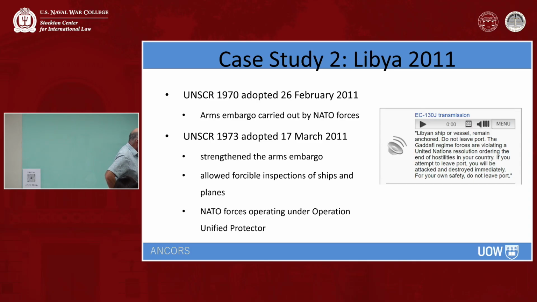Your regime's violating the resolution. If you attempt to leave, you'll be attacked and destroyed immediately." So again, here's clear notification to a vessel that this is in fact a blockade. The arms embargo that was put in place by that resolution allowed those operations to take place, and that was the way that was put in place.